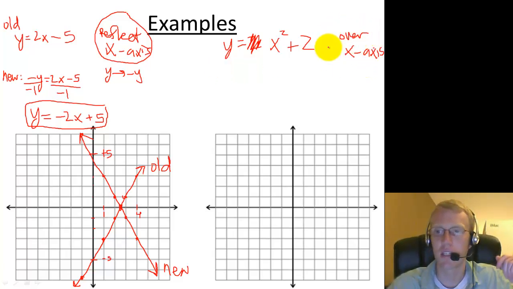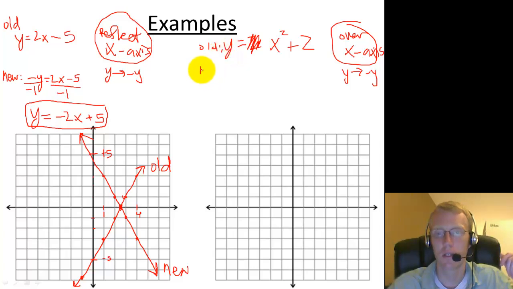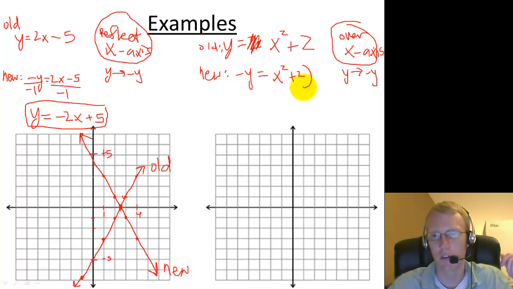To go over the x-axis, we change, again, the same thing, y into negative y. So here's our old equation. Here's our new equation: negative y equals x squared plus 2. If I multiply the whole thing by negative 1, I get y equals negative x squared minus 2.